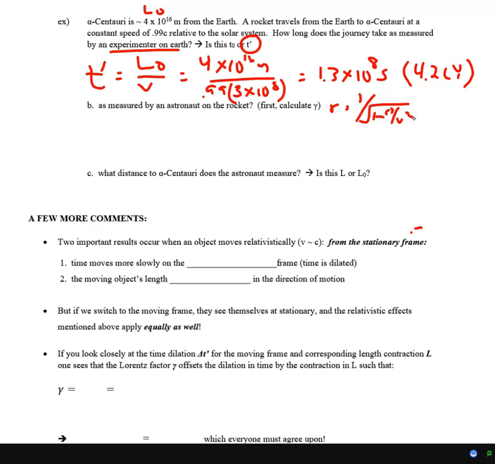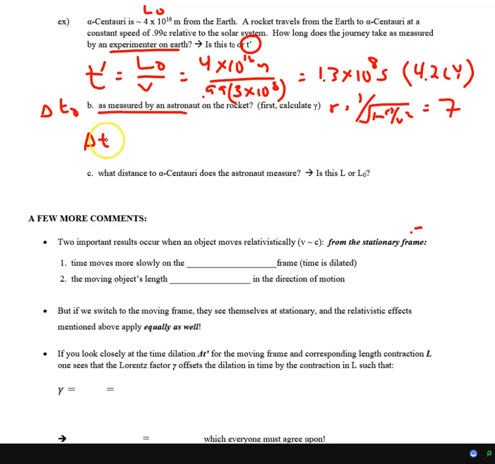I'll let you work that out, and we get a gamma factor of 7. I'm not sure if it's exactly 7, this is what I have in my notes. So now we want the time measured by, okay, that's t naught, or delta t naught.